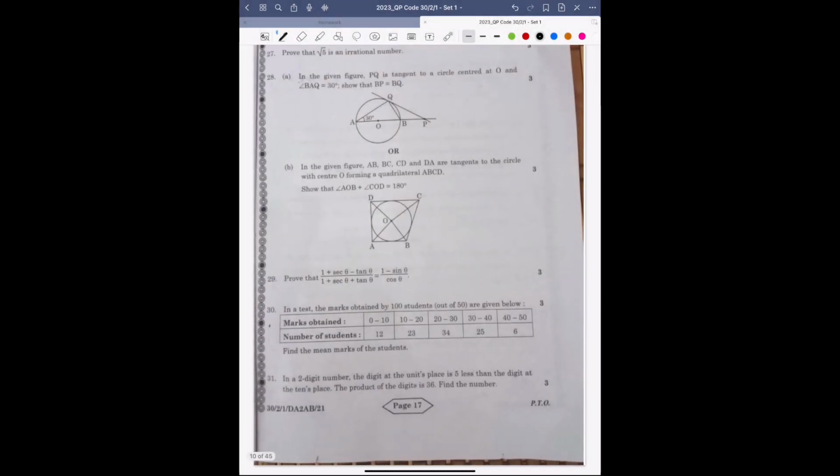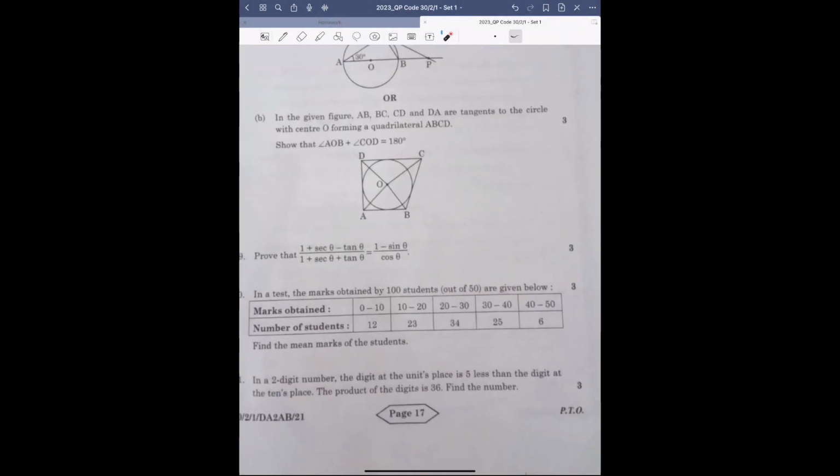Now, what is it saying? The digit at the units place, which is y, is 5 less than the digit at the tens place. So the units place digit is 5 less than the tens place, right?